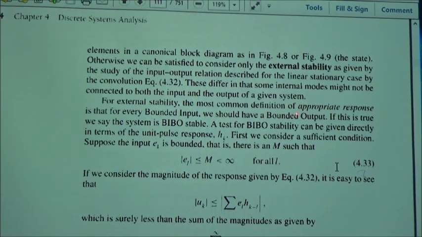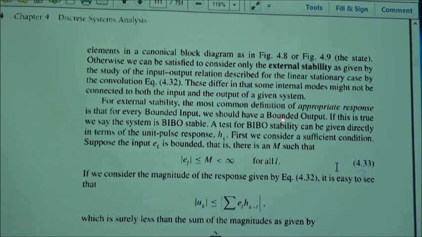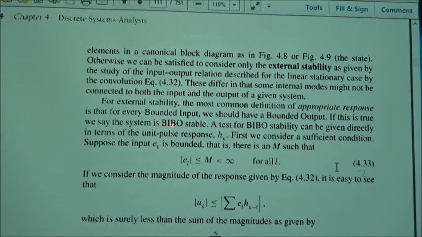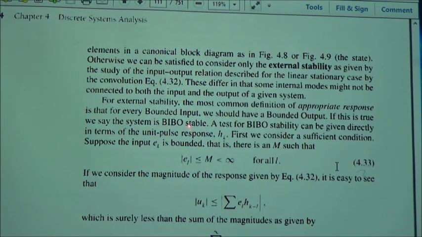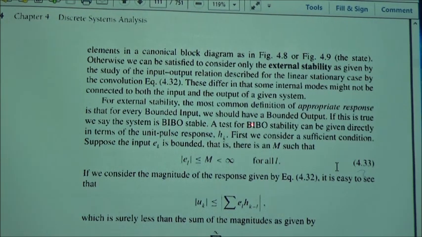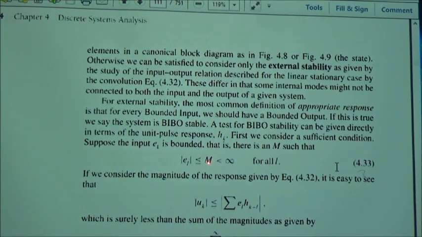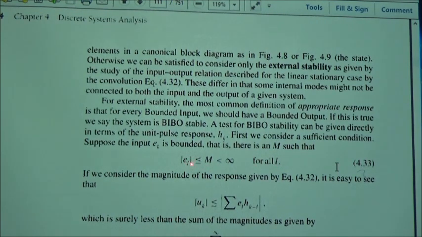And in this case, you need to look at the boundedness of the input and boundedness of the output. So we are now looking at a concept called bounded input, bounded output stable systems, or BIBO stable. So for BIBO stability, you assume that your input is going to be bounded by some M for all values of l or k, in whatever you want to index it for.